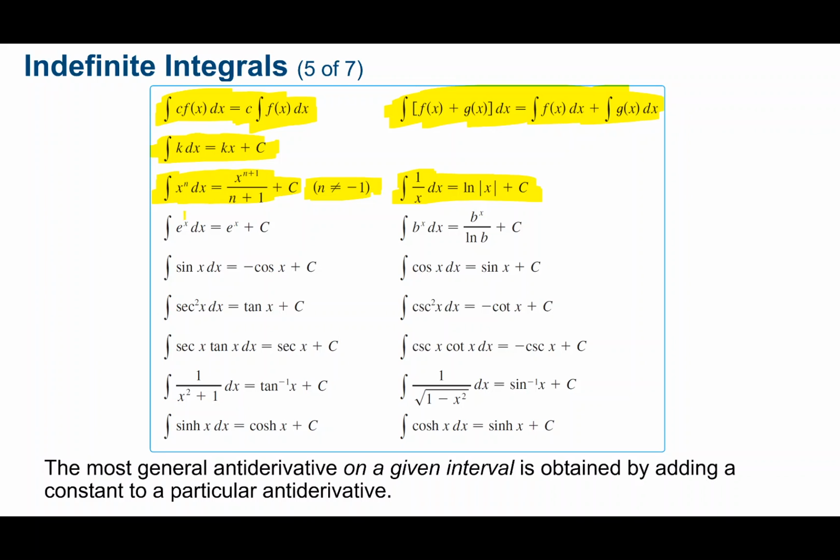Remember, e to the x is its own derivative. It's also its own antiderivative. So antiderivative of e to the x, e to the x. We're not going to worry about the general exponential, b to the x over there. We do want the basic trig functions.